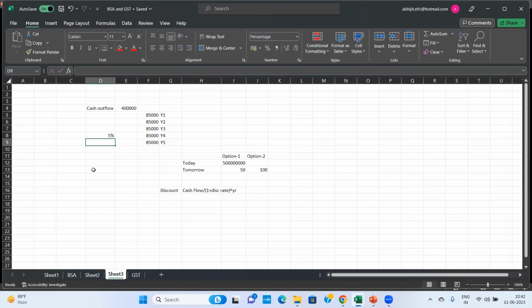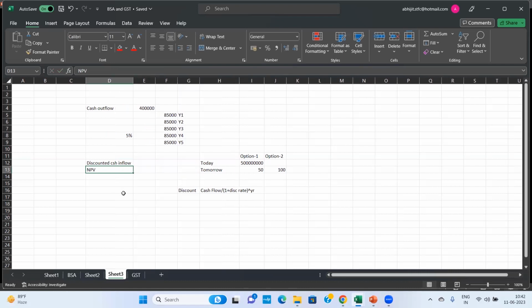Can you find out what is the NPV here? Find out what is the NPV. Or find out what is the discounted. First step is find out what is the discounted cash inflow. And then you find the net present value.